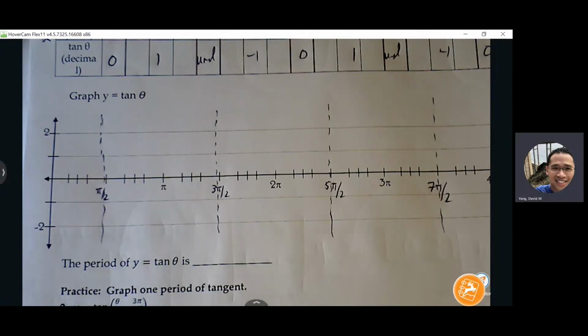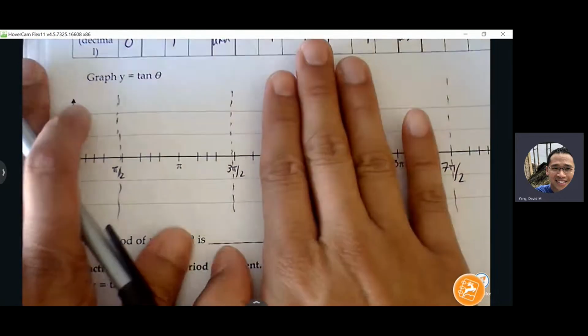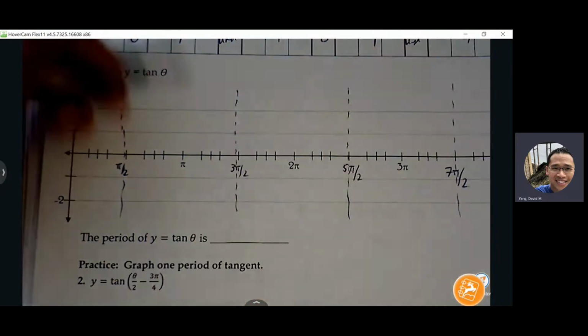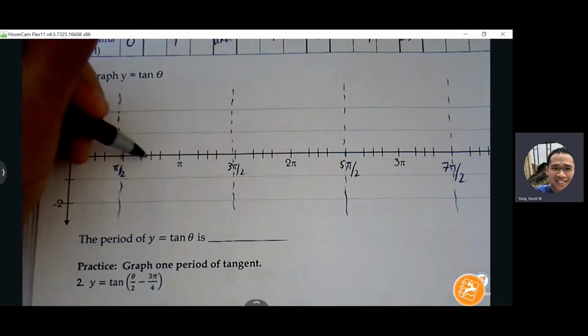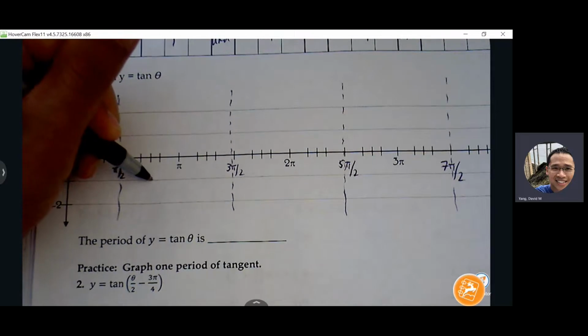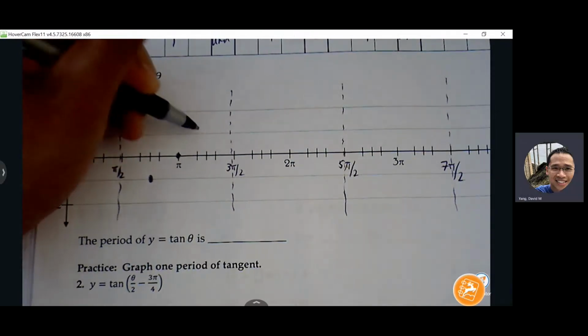So instead of 1, 0, -1, what do you think tangent is going to look like? -1, 0, 1. So it's going to be rising instead of falling. And the full graph is going to show between pi over 2 and 3 pi over 2. So go ahead and at pi over 4, plot -1, 0.